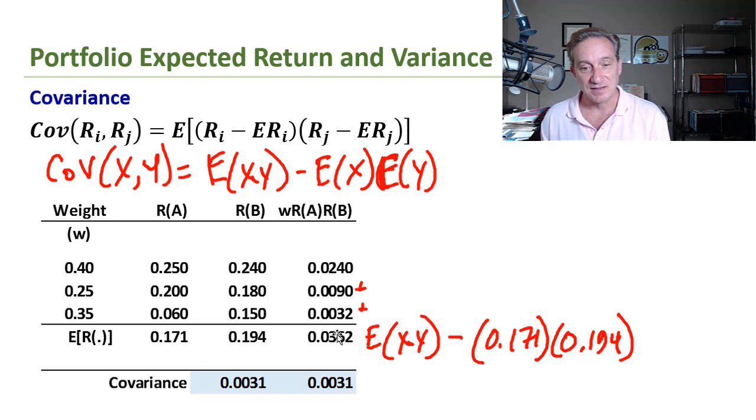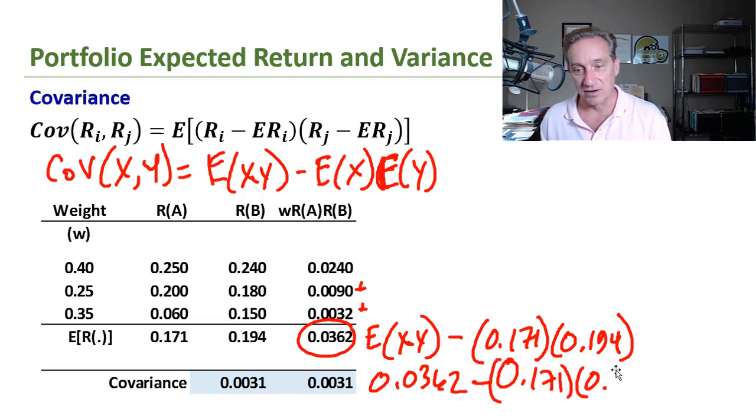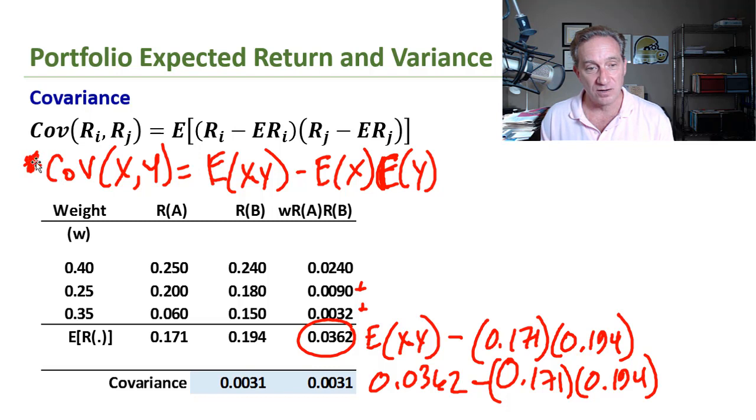So I take 0.0362, that's the expected product or cross product if you like, and subtract the product of their expectations, and you will necessarily, mathematically, get the same answer for the covariance. So this is my preferred way to do it. And this is the formula worth, frankly, memorizing because this generalizes the variance, right?